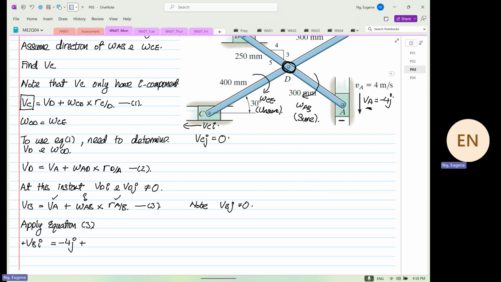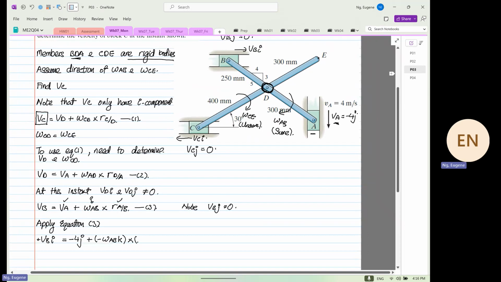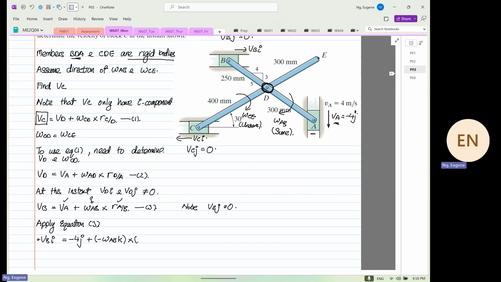So omega AB is minus omega AB K cross R. So I want to know, sorry, I got it the other way around. My bad. Point B from A. So this is A. We are going to determine point B.